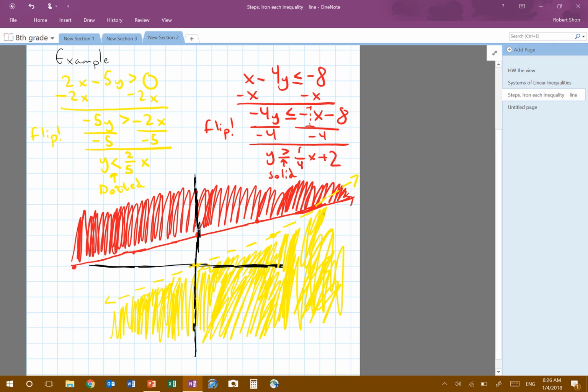And that is what we have over here. This overlap, we're going to make orange because that's what red and yellow make. I do know that. And that is our answer.